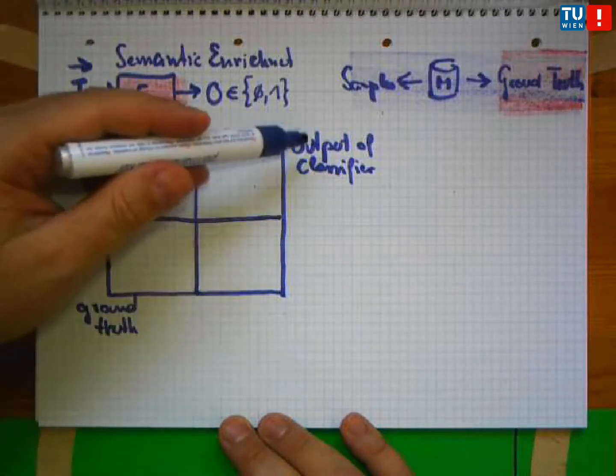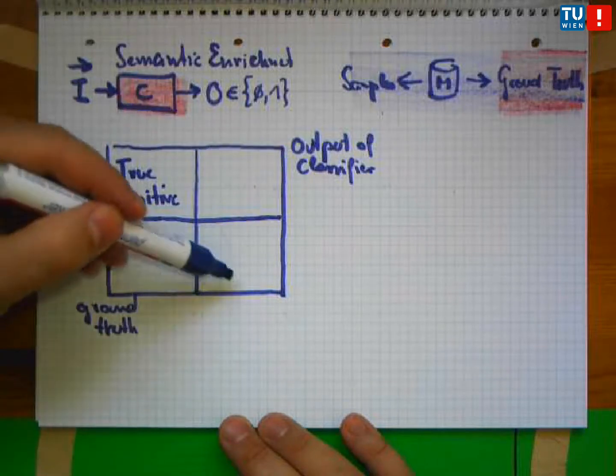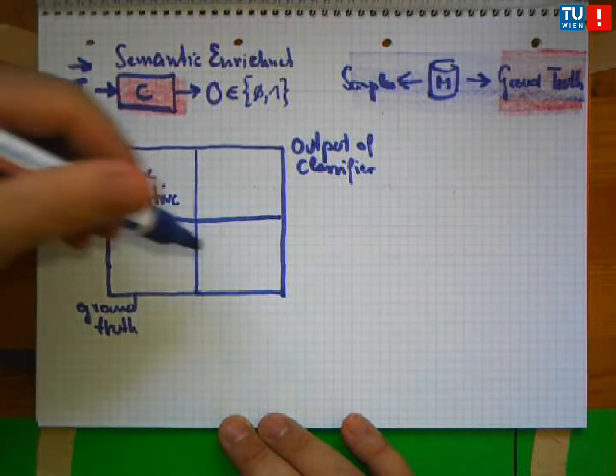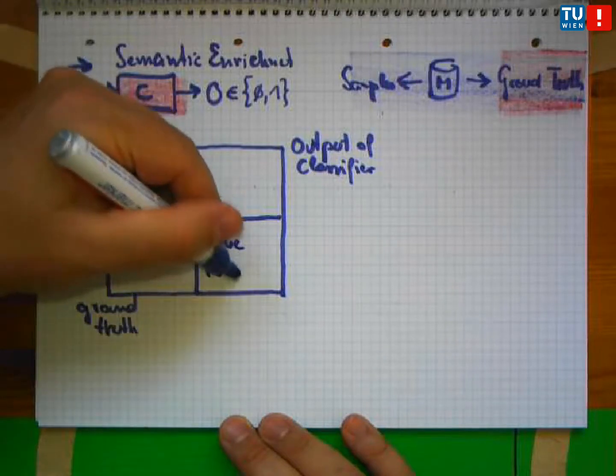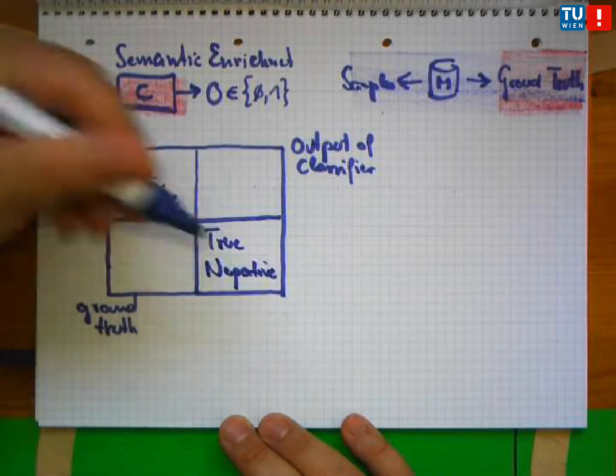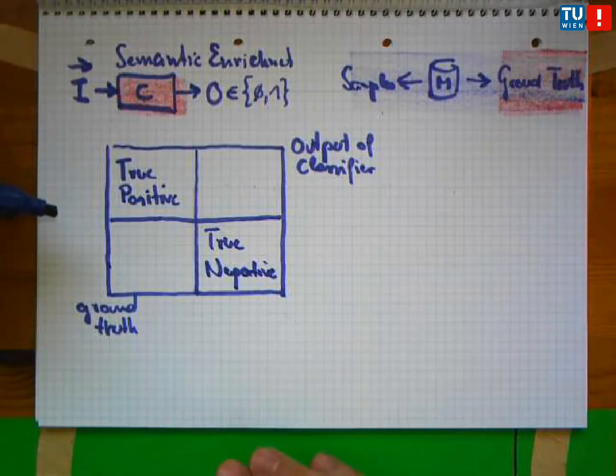If the output of the classifier says that something is irrelevant and the ground truth also says that, then we have a true negative. So it's about classification into relevant or non-relevant.